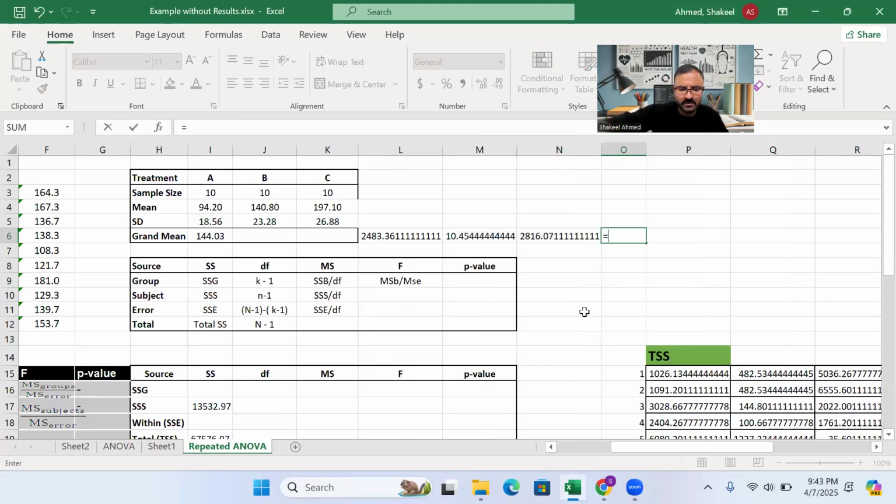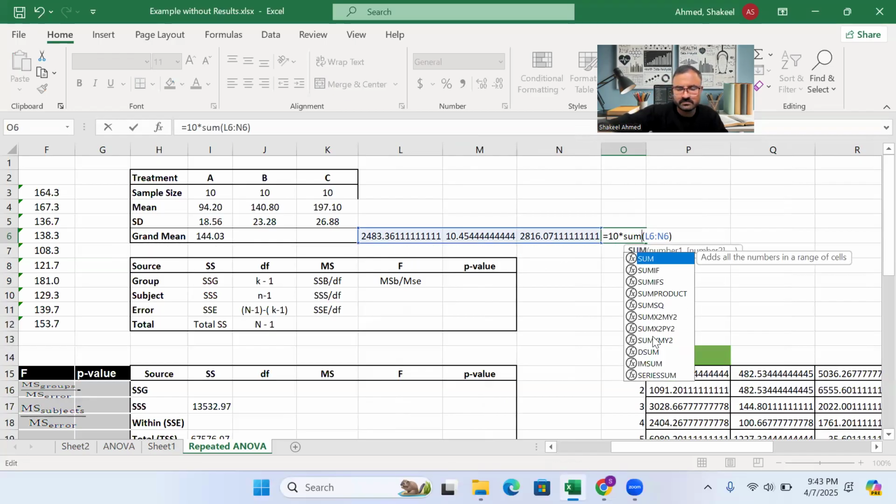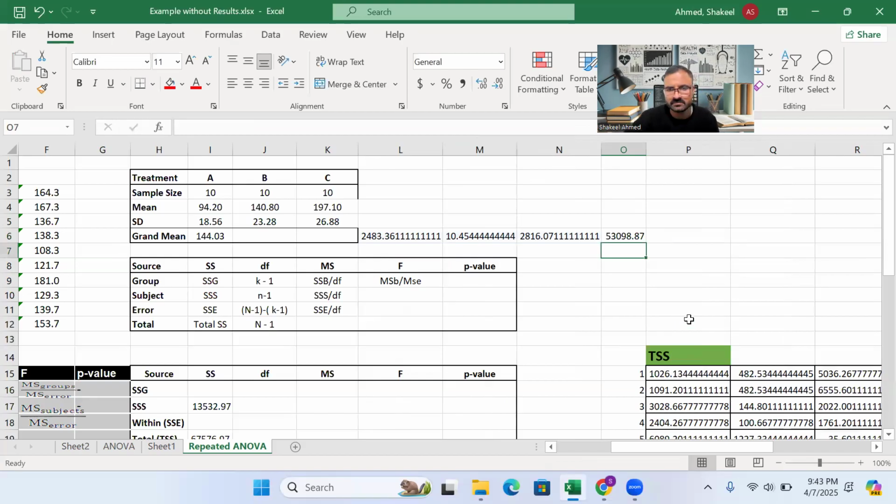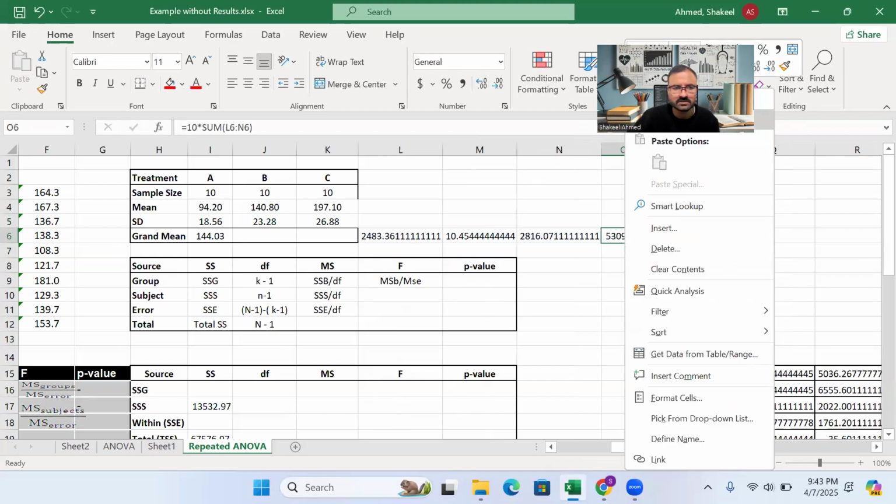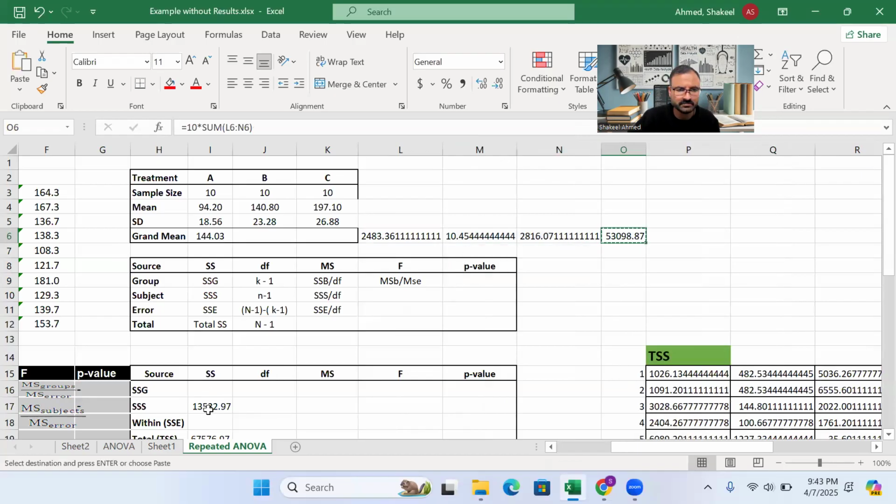Then you can sum it, but you need to multiply it by 10, as each group has 10 observations. So this is the between group variation.